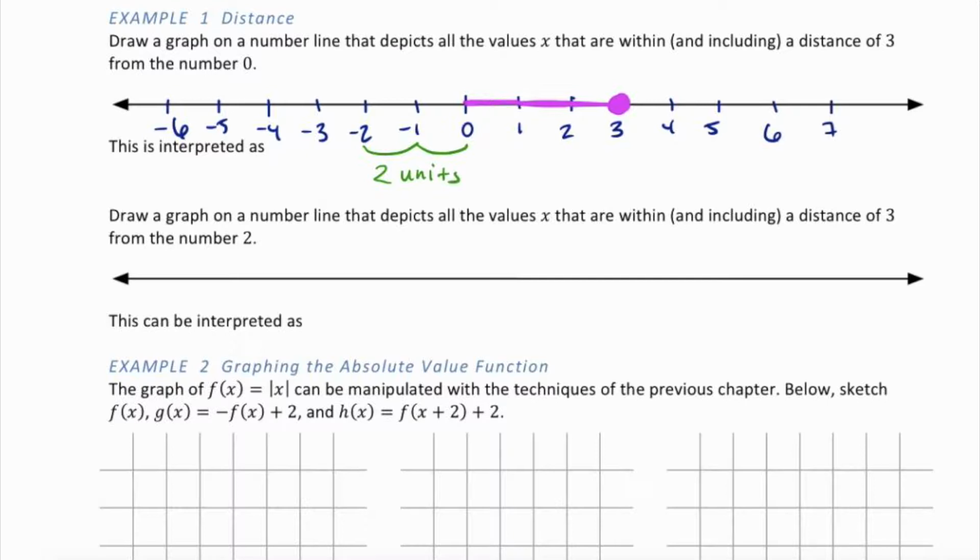This will also be included on our graph. Now let's look at the number negative 3. 1, 2, 3. It is within 3 units of 0, so we're going to include all of these values in our graph. And since we're including the distance of 3, instead of putting an open dot, we are going to fill this in as a closed dot. And there is our graph.